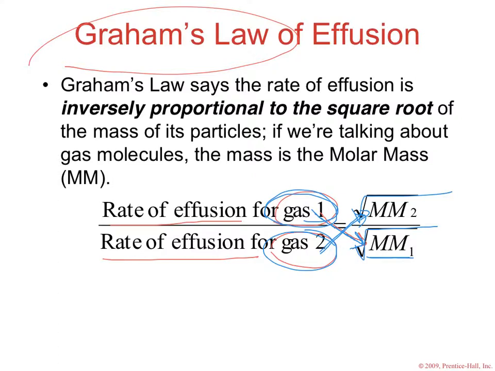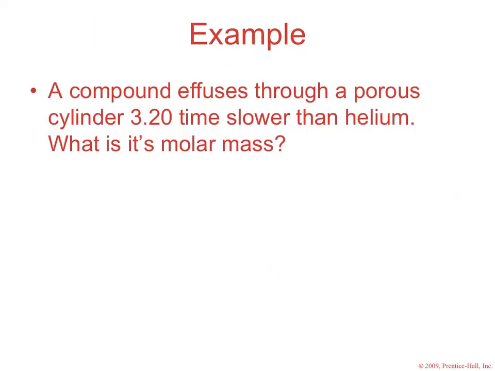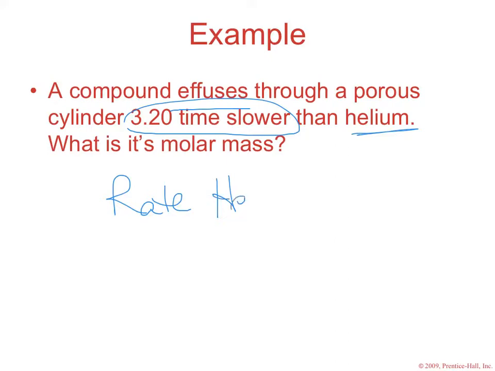So let's do an example. A compound diffuses through a porous cylinder 3.2 times slower than helium. So we are comparing some gas to helium. So I'm going to say the rate of diffusion of helium, I'm going to start thinking through what I'm going to do, compared to the rate of diffusion of some unknown gas.